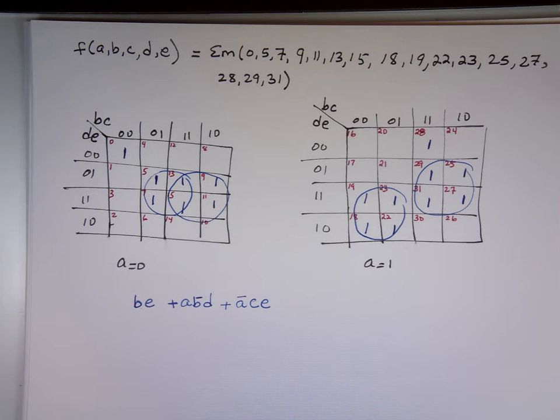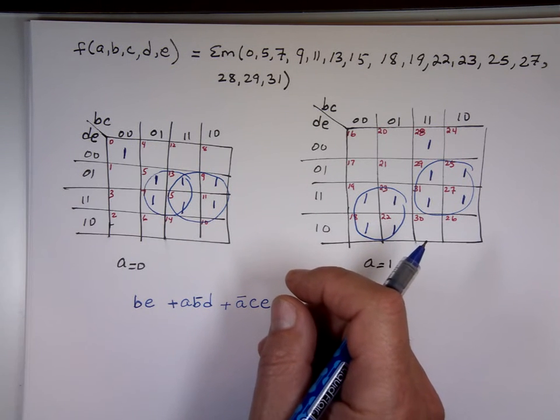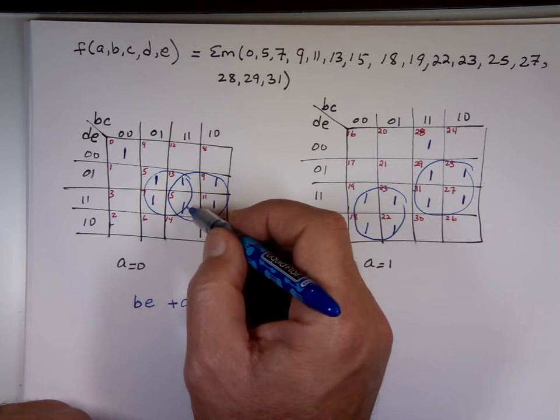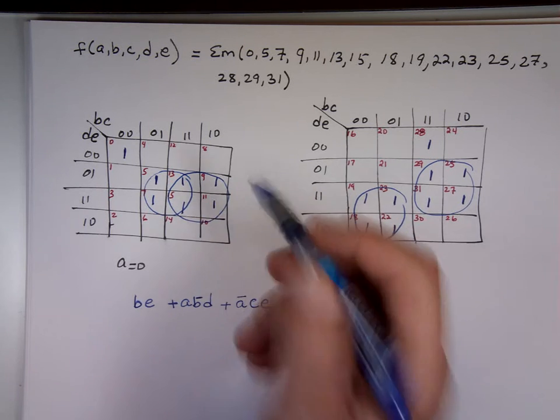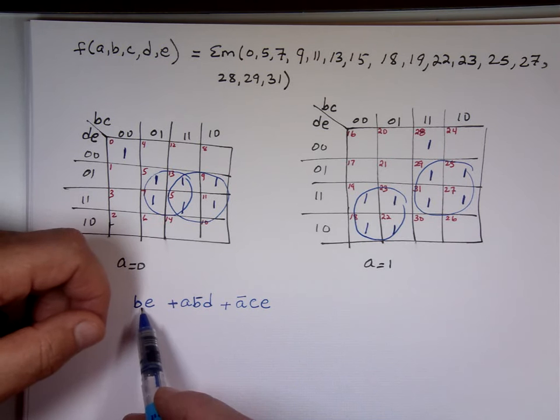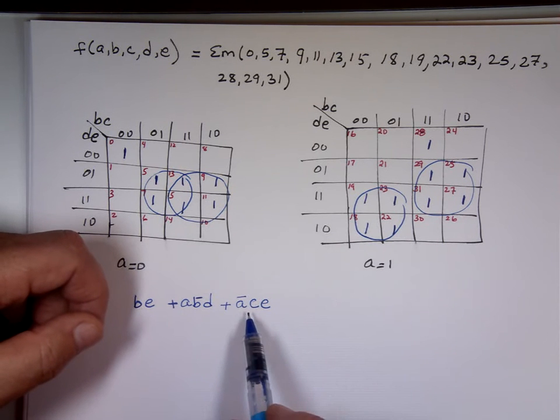In A equals 0 there's 9, 11, 13, and 15, and then on A equals 1. Oh, we did that. That's the BE. This one went with that one, and that's this one. Okay, thank you.